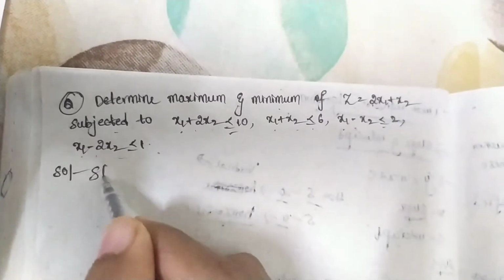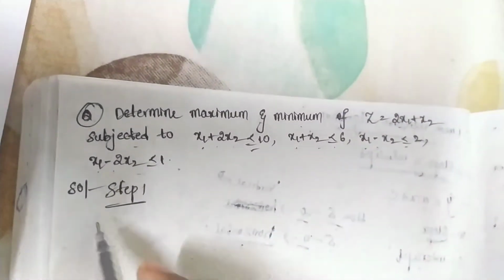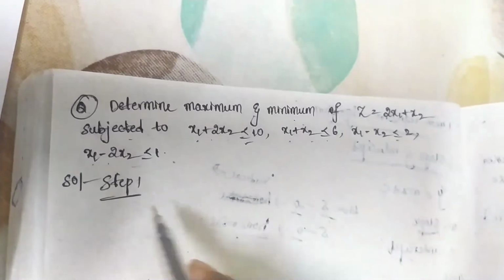In step 1, we write the objective function and constraints.